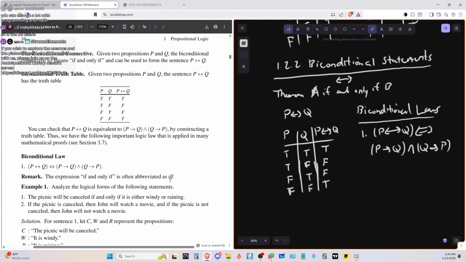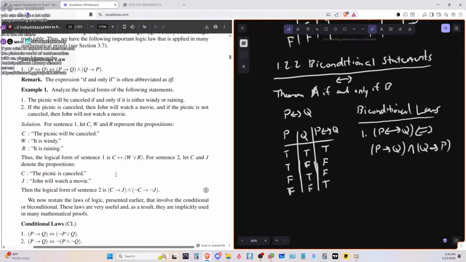Oh, we have an abbreviation for it. I think I've seen this one too, whenever I read stuff. Okay, analyze the logical forms of the following statements. The picnic will be cancelled if and only if it is either windy or rainy. If the picnic is cancelled, then John will watch a movie, and if the picnic is not cancelled, then John will not watch a movie. Okay. So analyze the logical form.